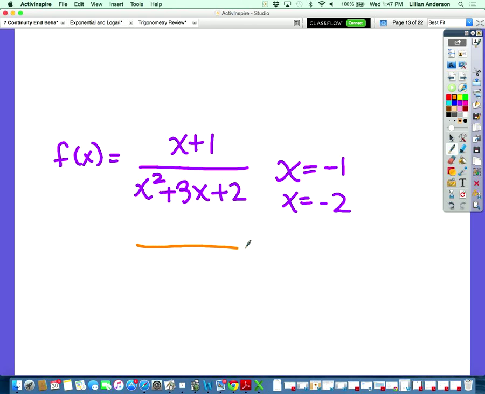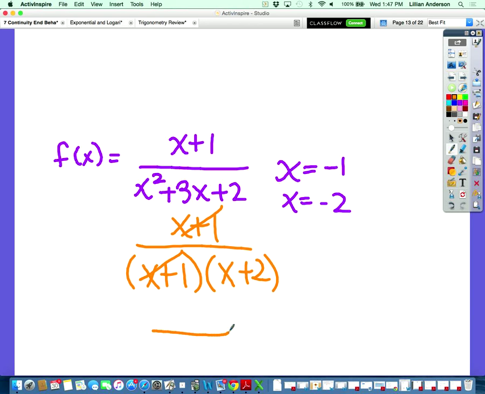I can factor the bottom, can't I? Yeah. To be what? And then leaving me with what? When a factor cancels out, that means it's a hole. Also known as a what?